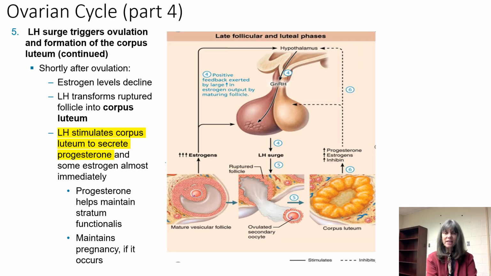Shortly after ovulation, estrogen levels decline. Luteinizing hormone transforms that ruptured follicle into the corpus luteum. Luteinizing hormone stimulates the corpus luteum to secrete progesterone and some estrogen almost immediately. Progesterone helps maintain the stratum functionalis of the endometrium of the uterus. It maintains pregnancy if pregnancy occurs.